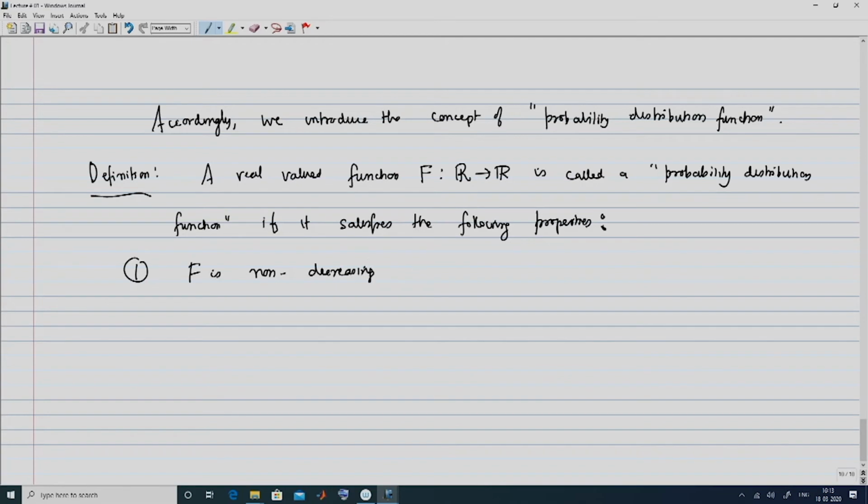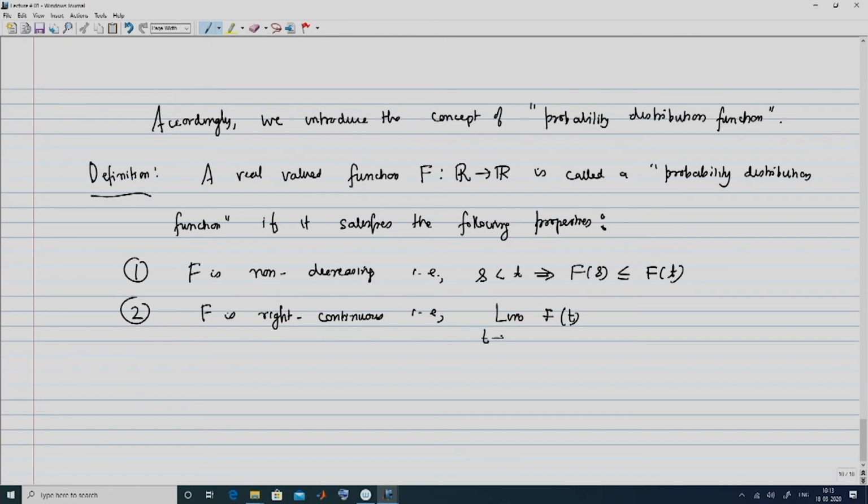This means that if s is strictly less than t, this will imply that F of s is less than or equal to F of t. The second property is that F is right continuous, that is, the limit of F of t as t tends to a plus is F of a.